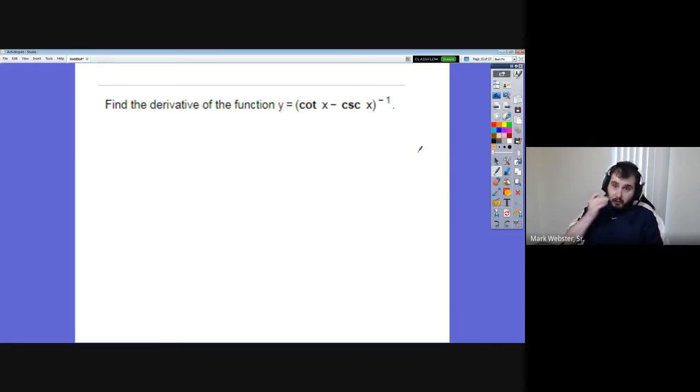All right, take a look at this one. So again, we've got this outer function, this to the negative first power. So we're going to have to deal with that, and then we'll take the derivative of all the stuff on the inside.